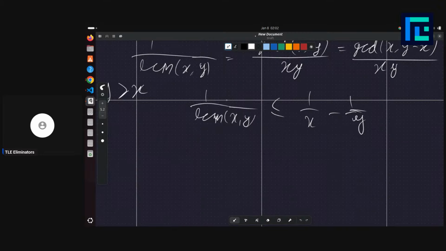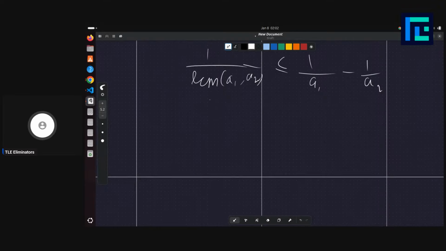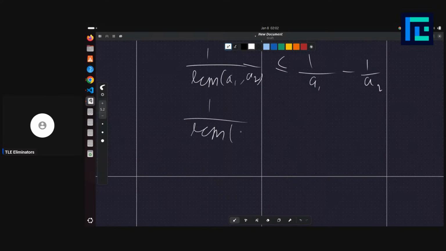So for the first time I can write that 1 upon LCM of a1 comma a2 is less than or equal to 1 upon a1 minus 1 upon a2. Then 1 upon LCM of a2 comma a3 is less than or equal to 1 upon a2 minus 1 upon a3.